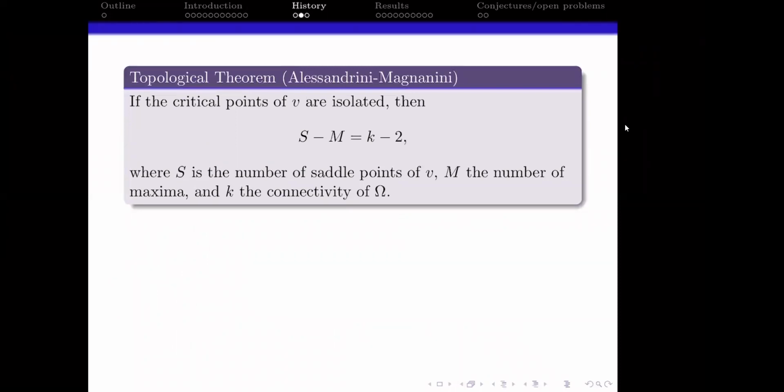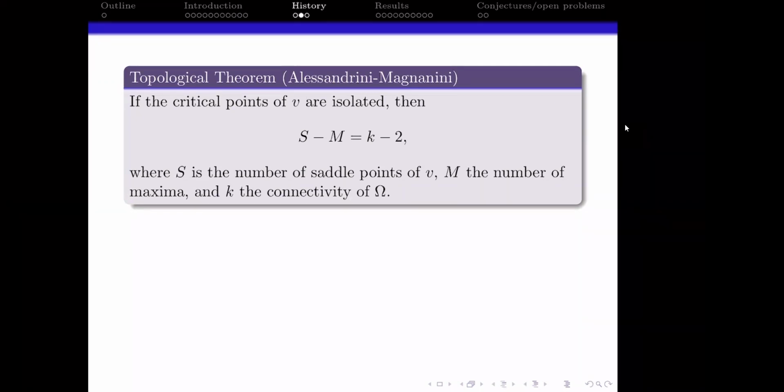Now we come to the topological part of the result. As we said earlier, the critical points fall under two categories: either they are saddle points or they are maxima. A theorem of Alessandrini and Magnanini says that if the landscape function has only isolated critical points, then there is a relation between the number of saddles and the number of maxima.